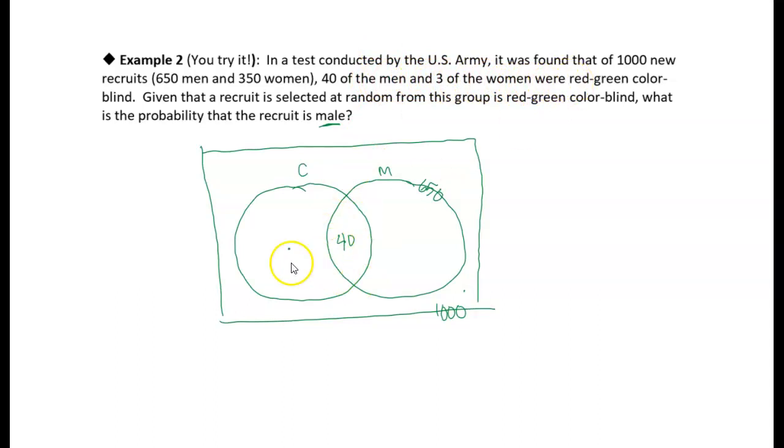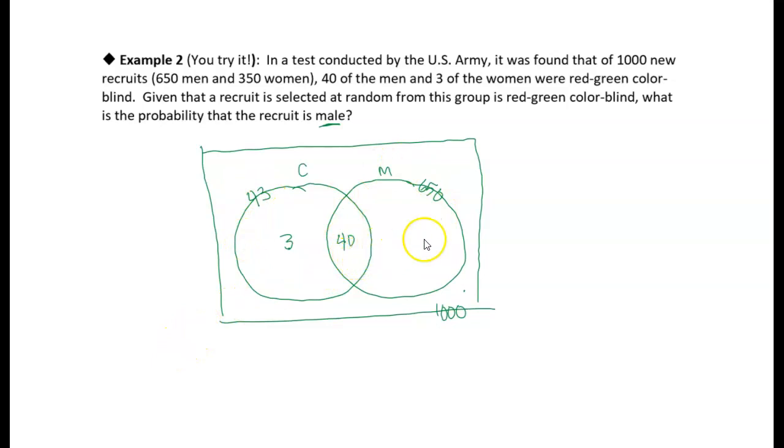All right, so that means that there are 3 additional people in the colorblind circle that are not male, right? Because we're going to make the assumption that the recruit is either male or not male. So we're going to just assume that. Okay, so that tells us that we had a total of 43 people that were colorblind.